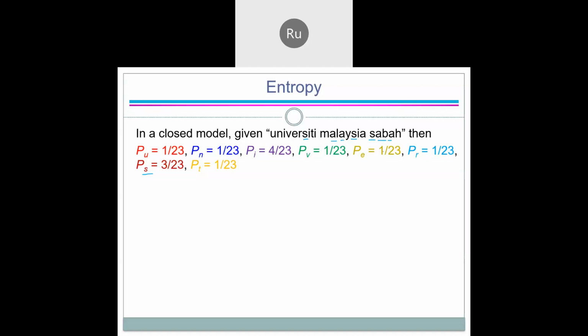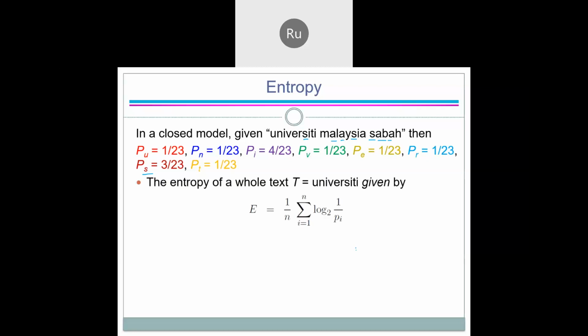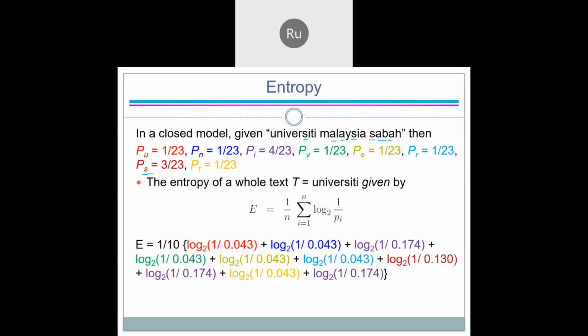So if you want to find the entropy of one term, we will say, okay, the entropy for this word university, we just add up the whole total here and divide by 10, because in university we have 10 symbols.